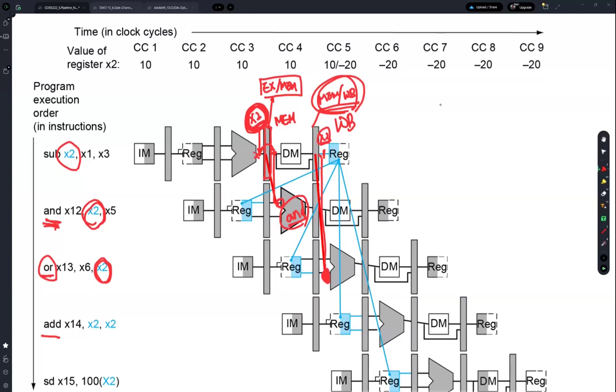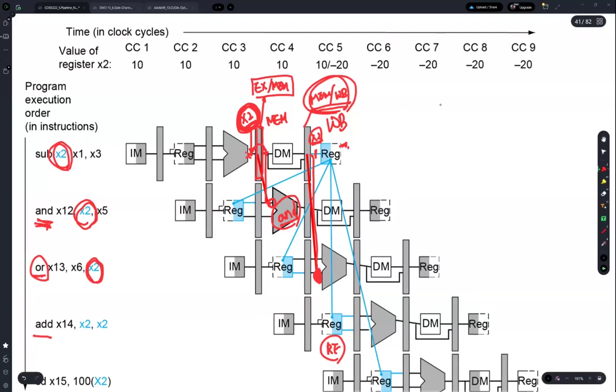Then how about this add? In this example, the add needs to fetch the data from the register file, right? But at the same time, in the same cycle, this X2 is being written back to the register file, right?